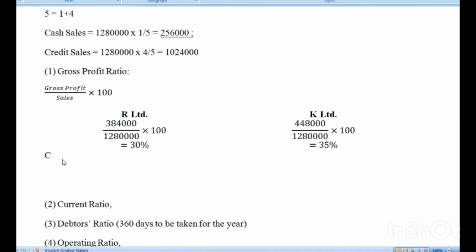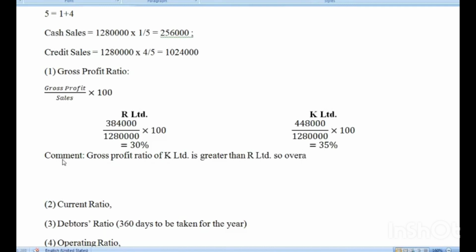So the conclusion, the comment, is that the gross profit ratio of K Limited is greater than R Limited.